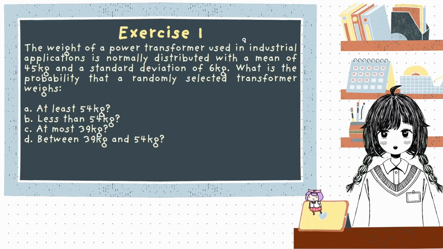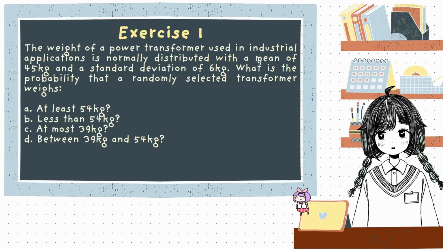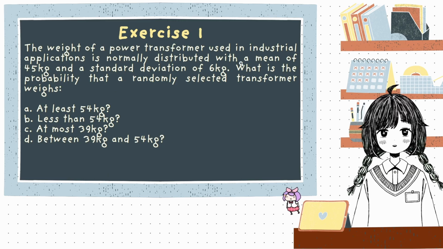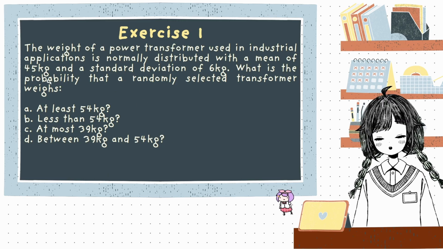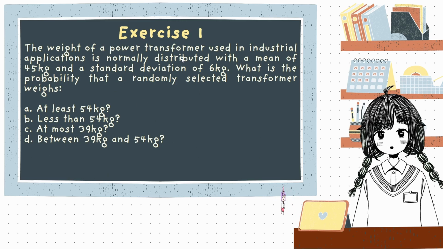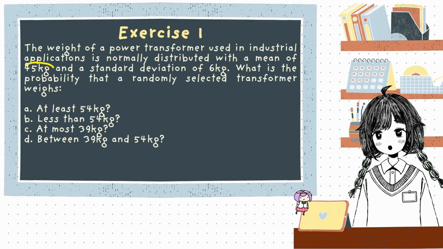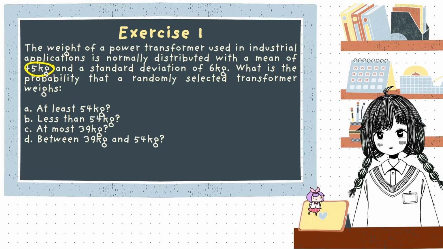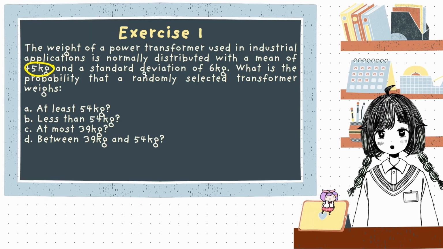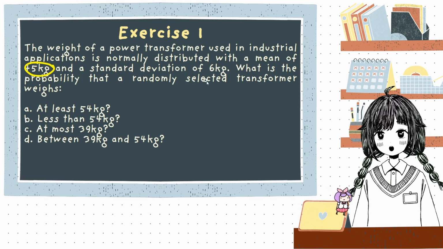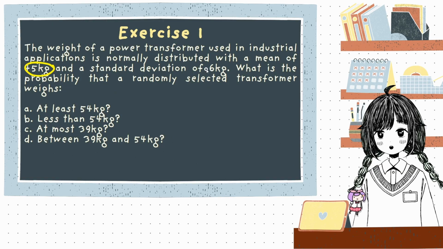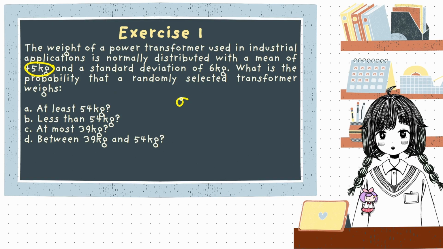Firstly, we extract the required information from the question. Normally distributed with a mean of 45 kg. So here it's already stated that it's a normal distribution and it gives us a mean equal to 45. Next, standard deviation of 6 kg. So standard deviation is 6.